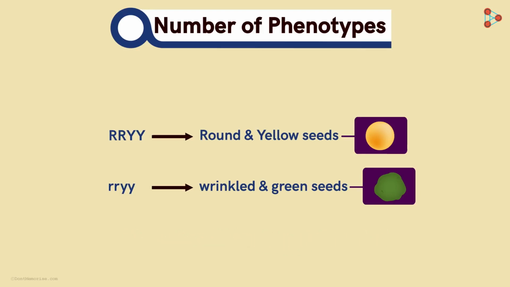Let's crack this together. The first thing we need to note is that we are looking at two characters: seed shape and seed color. We are crossing this plant with the one having wrinkled and green seeds. So isn't this a dihybrid cross? Yes, it is. Now let's get to the next step.